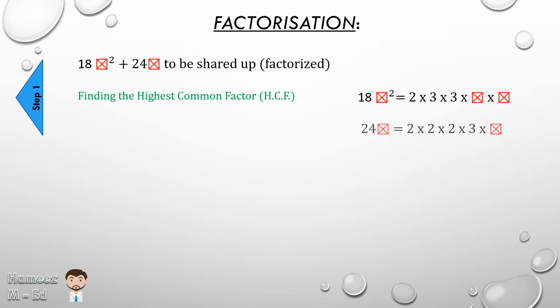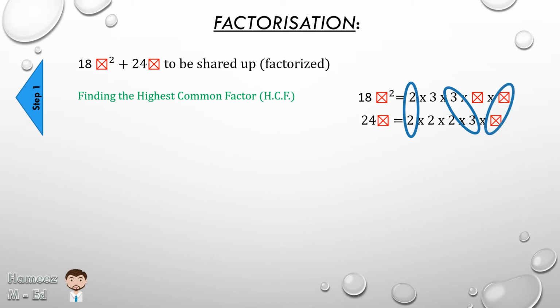Plus 24x would be 2 times 2, that's 4, times 2, that's 8, times 3, which is 24, times x. Let us see what is the same in both of them. There is a 2 and a 3 and an x. So therefore, the highest common factor, HCF, is 2 times 3 times x, which is 6x.